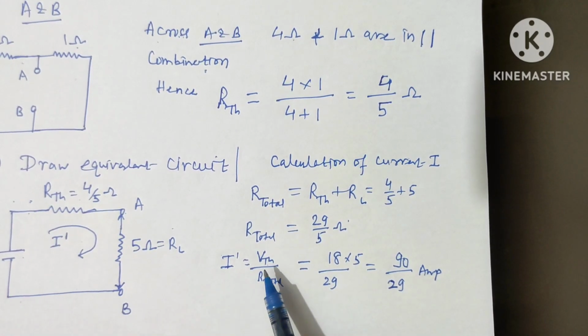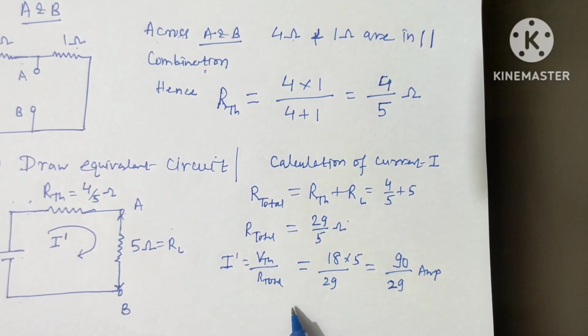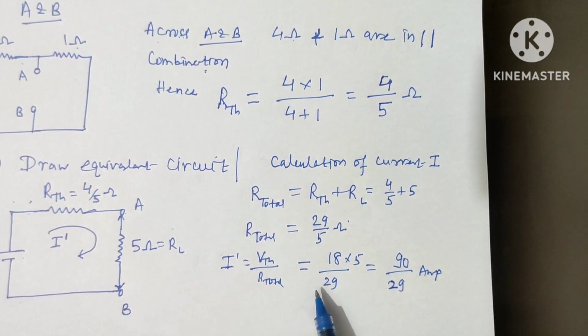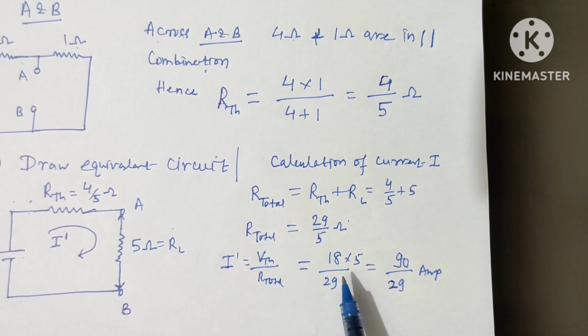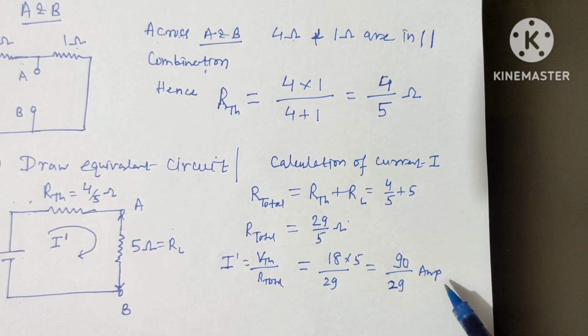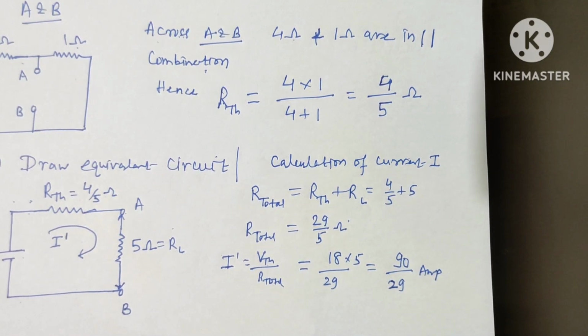So I dash will be V Thevenin over R total, and that would be 18 volt divided by 29 over 5. So it will be 18 into 5, 5 will go upside, so 18 into 5 over 29. On multiplying, you will get 90 over 29 ampere. So this will be the current.